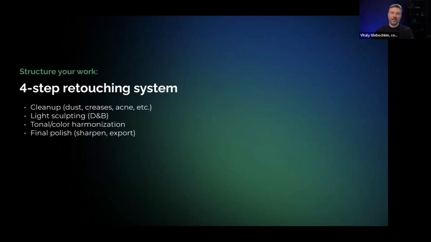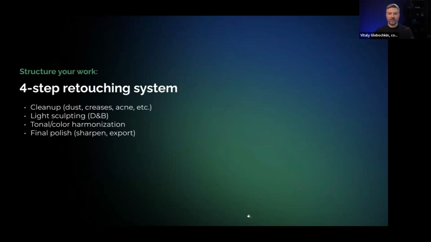Or you need to make tonal or color harmonization, so you need to prepare a color scheme for your images. At the same point, you need to have an idea how you should create your images with specific products, and the final polish will be to sharpen and export your images.